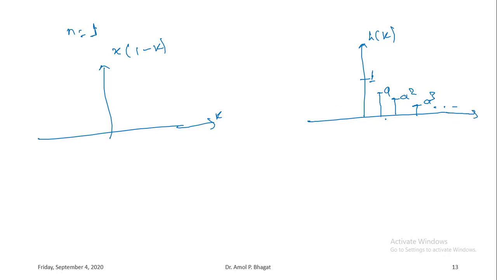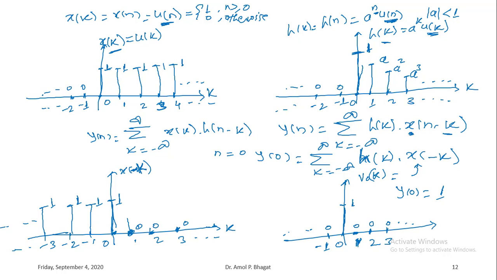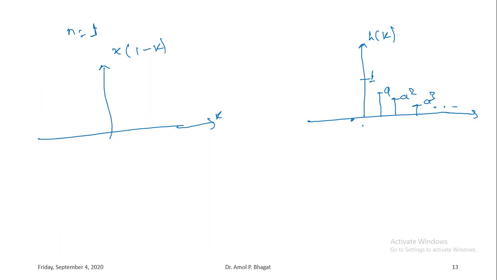In the previous graph we plotted the same sequence. We are not performing any folding or shifting operation on it. So this is h of k.